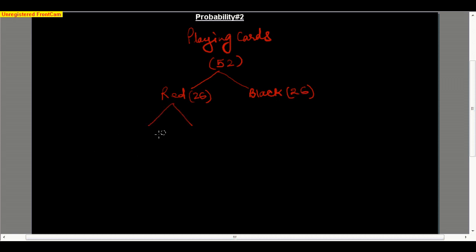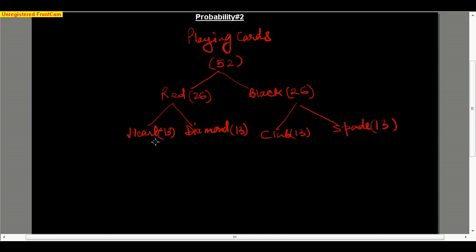Red cards are of 2 sorts: heart, which has 13 cards, and diamond, which is also 13. In black cards there are again 2 sorts: club, which has 13, and spade, which is also 13. The heart is like this, this is diamond, this is club, and this one is spade.